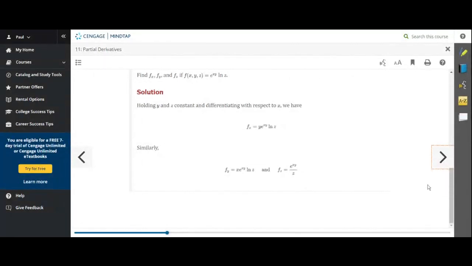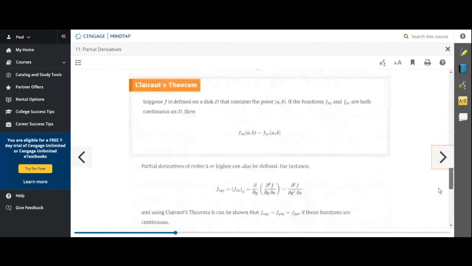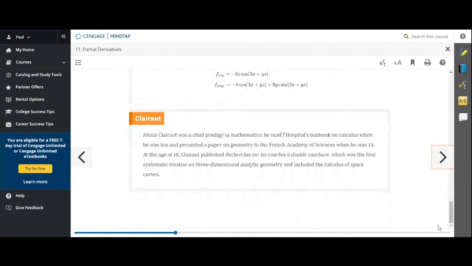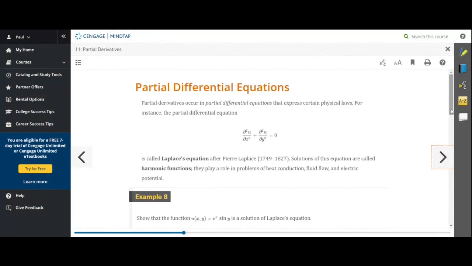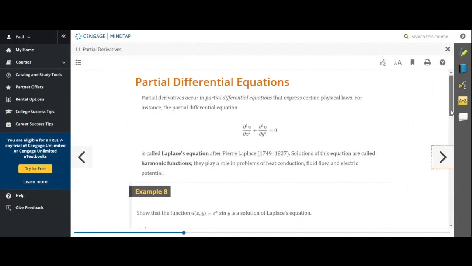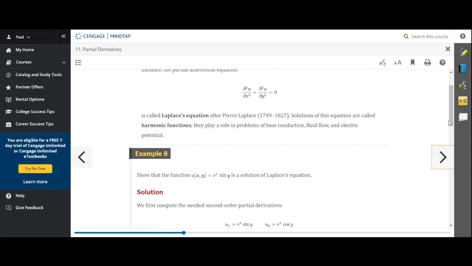It comes after example 7. Okay, very good. Yeah, partial differential equations. Partial differential equations will come up in engineering.